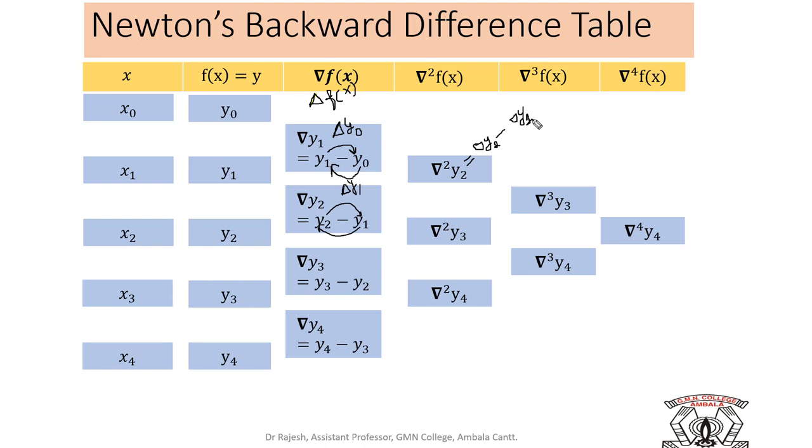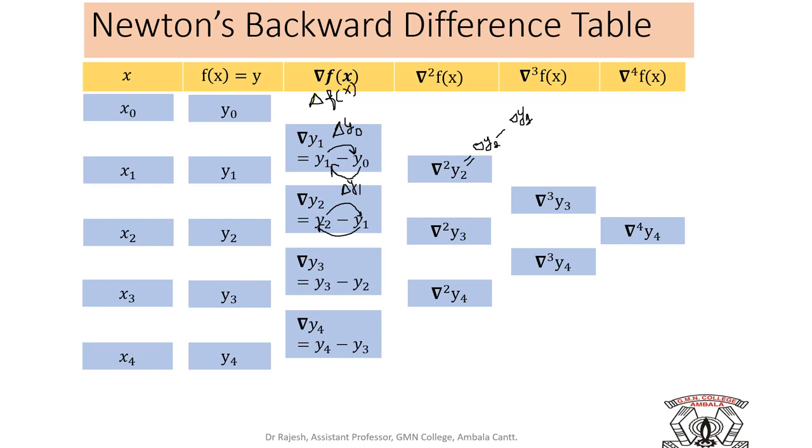So this is the second order, and similarly you will write up to the fourth order. So that is how we had constructed Newton's backward difference table.